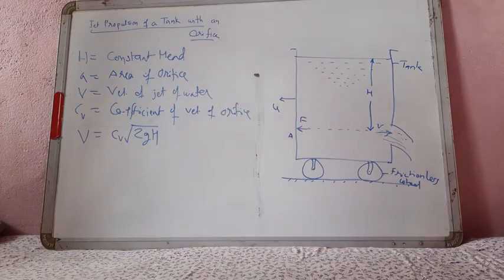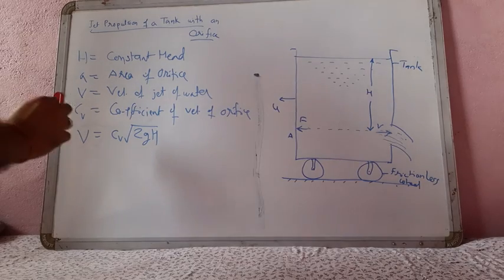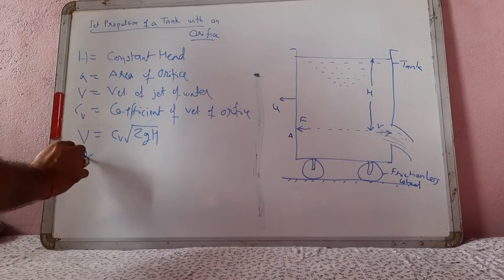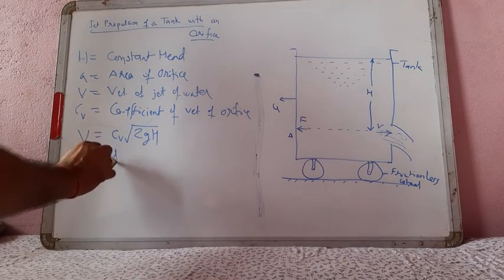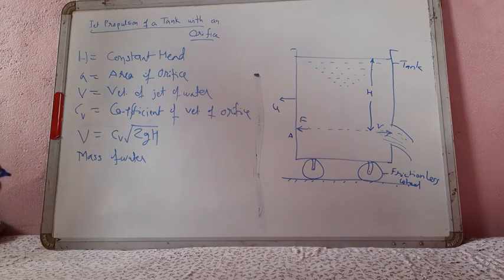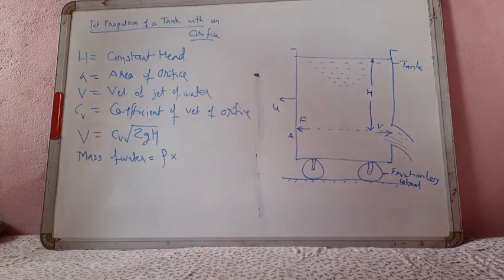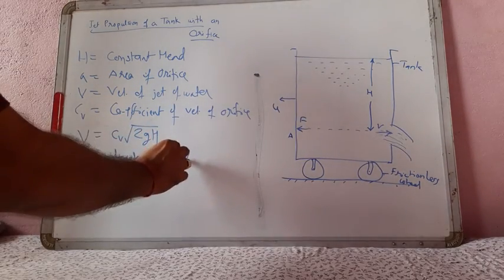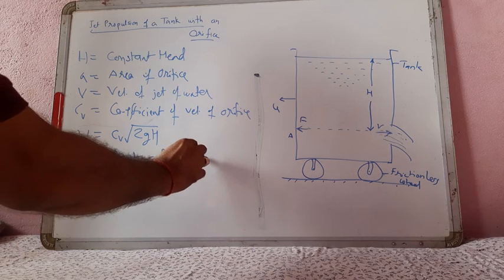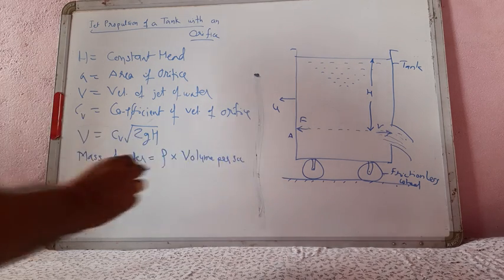This formula is used. The mass of water coming out from the orifice per second is rho into volume per second.